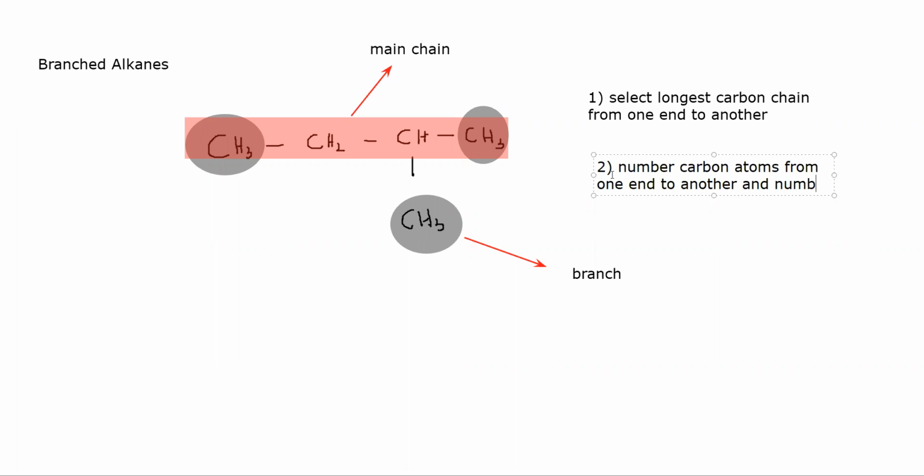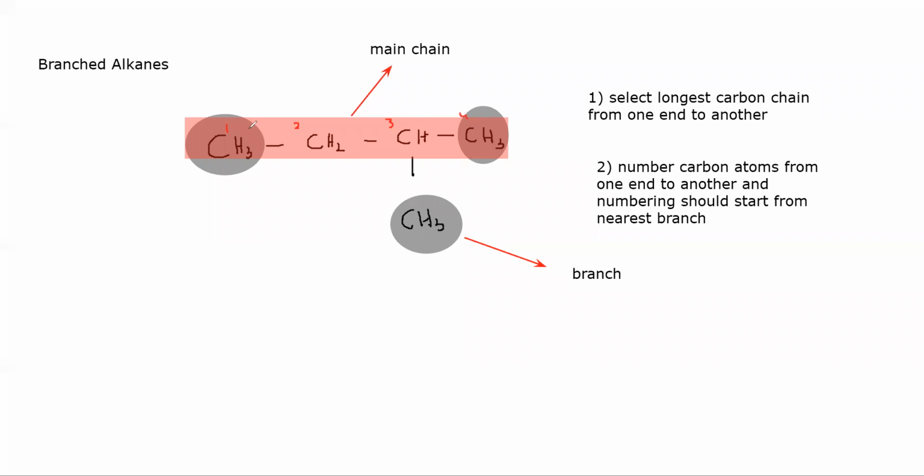And numbering should start from the nearest branch. So I should count, meaning give the number to the carbon atoms. So it is 1, 2, 3, 4.